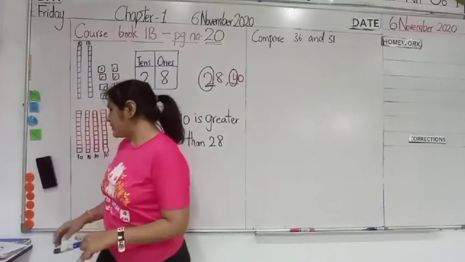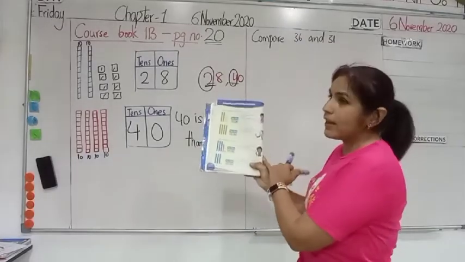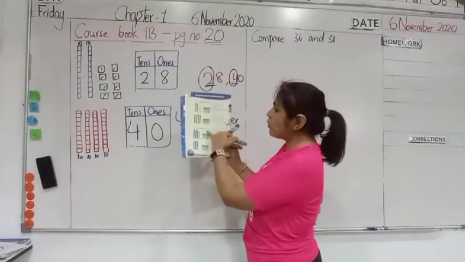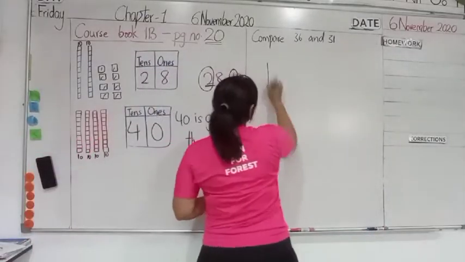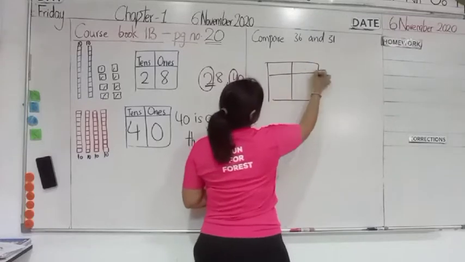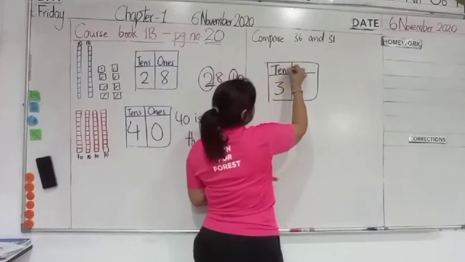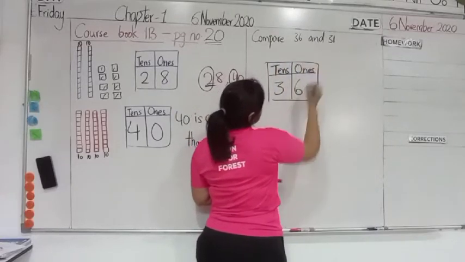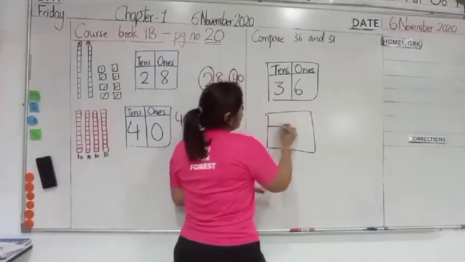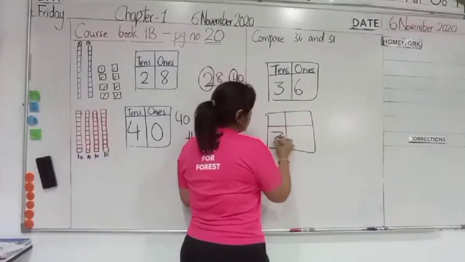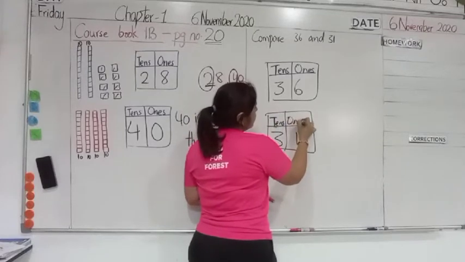Alright? Now you look at the second sum at the bottom. They say let's compare 36 and 31. Bala says, okay, I got a question. I want to compare 36 and 31. So in the tens and ones table, 36 is 3 tens and 6 ones, and then you have a table of again tens and ones for 31.